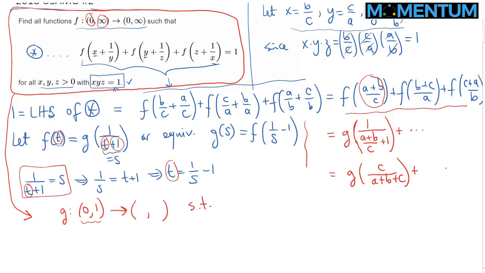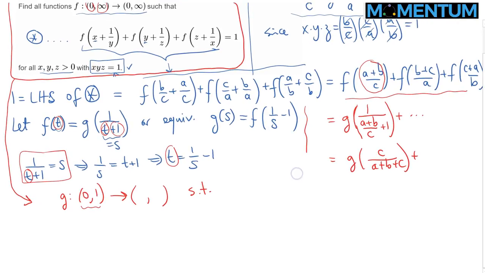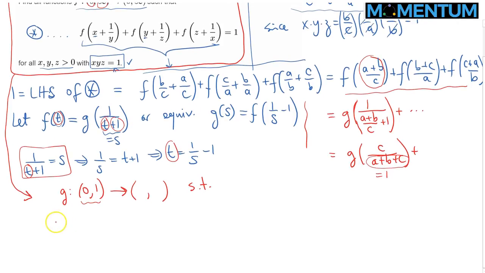But then this gives us the idea of the following: if you just assume a plus b plus c is equal to 1, then g of a, because if that's 1, plus g of b plus g of c is simply equal to 1, right?